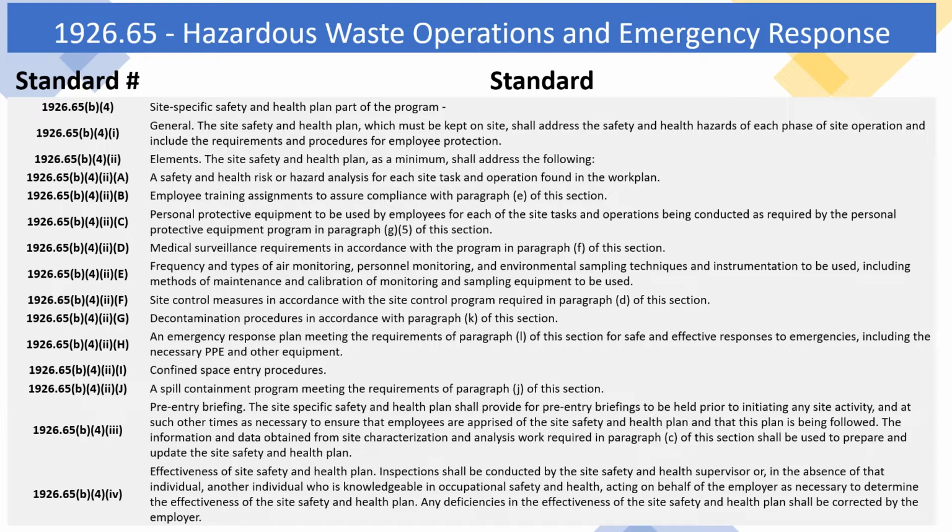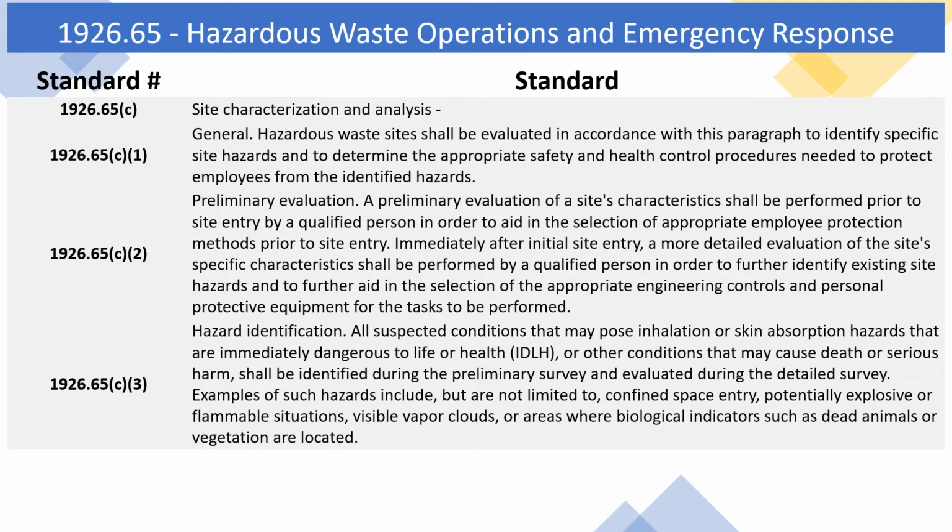Any deficiencies in the effectiveness of the site safety and health plan shall be corrected by the employer. 1926.65(c), Site characterization and analysis. 1926.65(c)(1), General. Hazardous waste sites shall be evaluated in accordance with this paragraph to identify specific site hazards and to determine the appropriate safety and health control procedures needed to protect employees from the identified hazards.